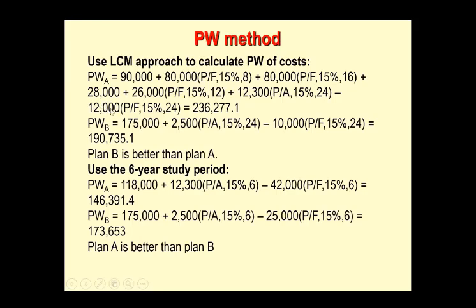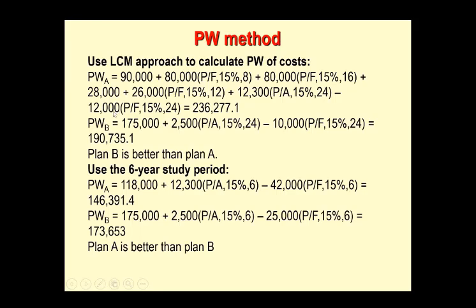It is not the operating cost; the 12,300 is the operating cost. It is the salvage value at year 24 of the mover and patch for the last cycle.